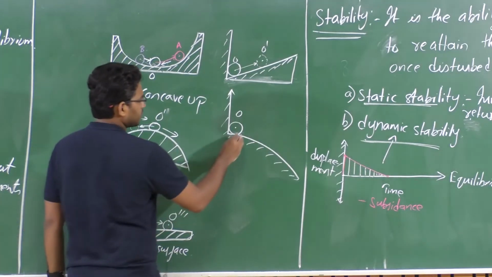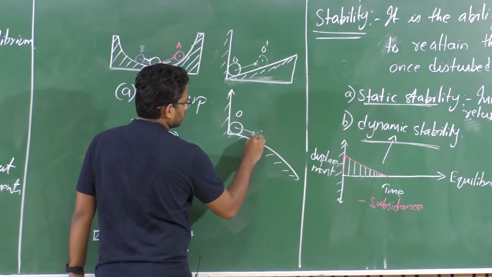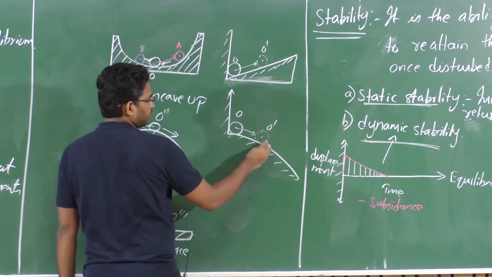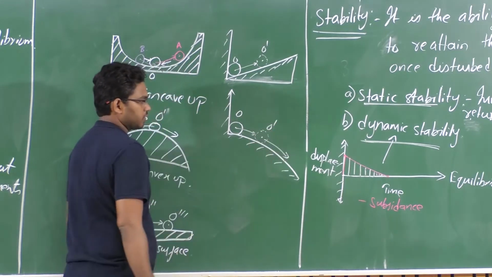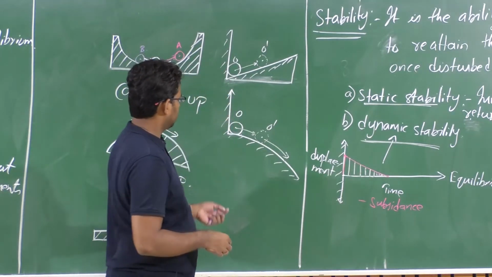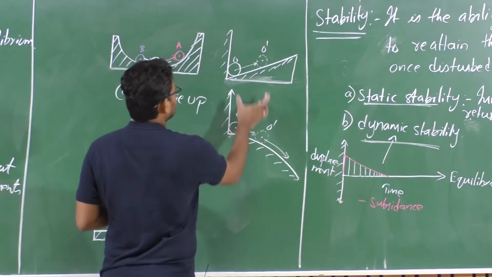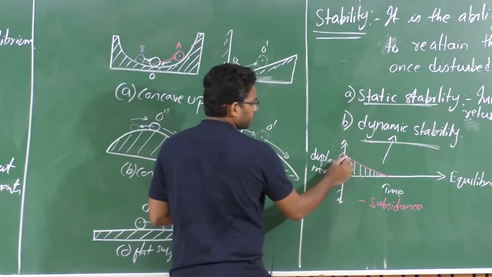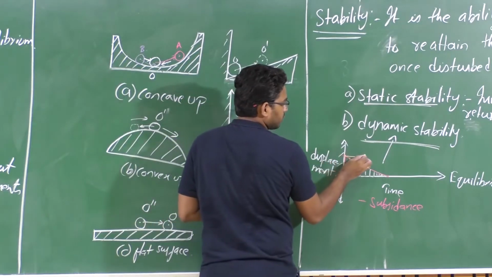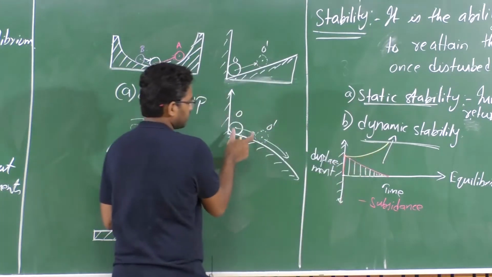Once you displace this to a new location, to O prime, this ball will try to roll off this surface. So if you plot this, let's assume the magnitude of displacement is the same. What happens is with time the displacement increases, right?